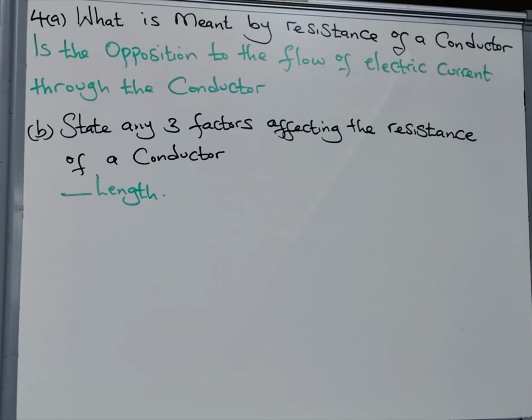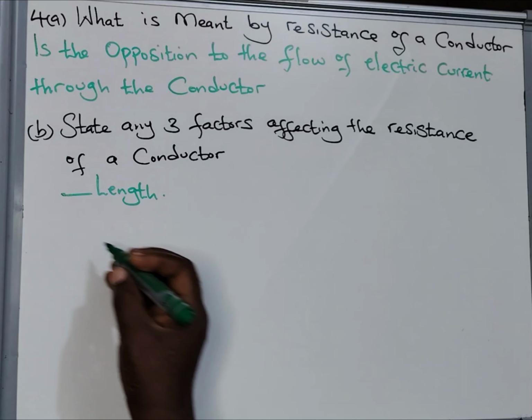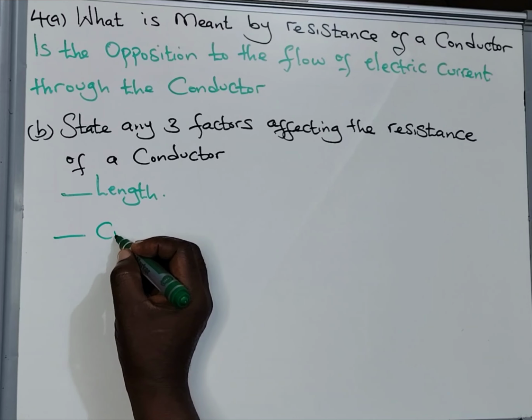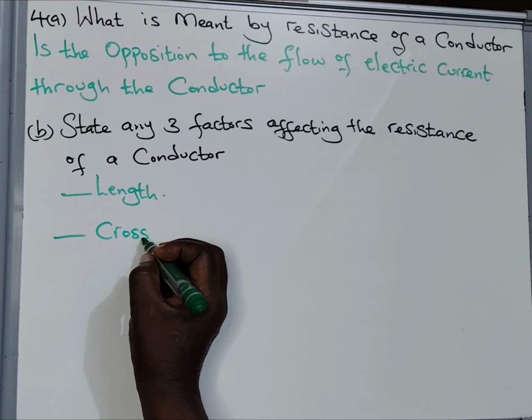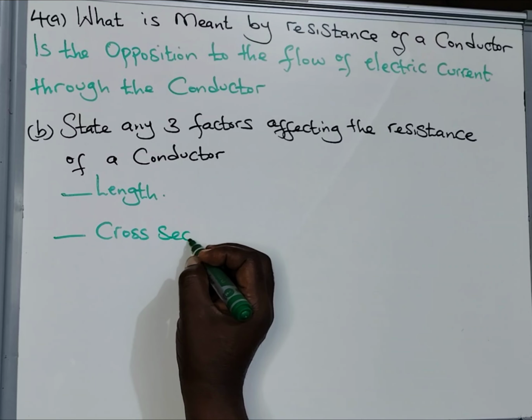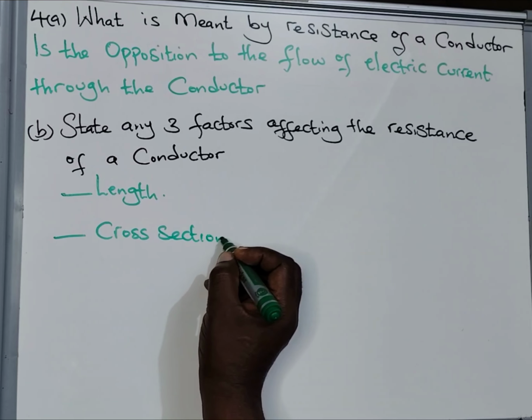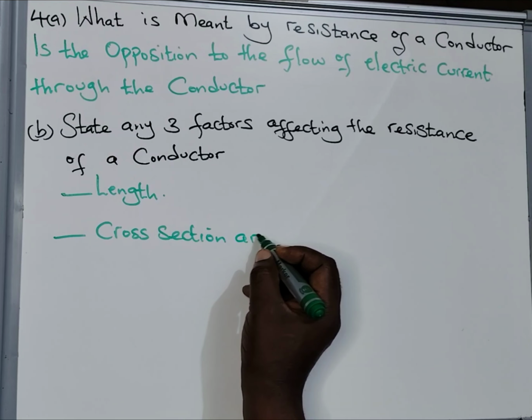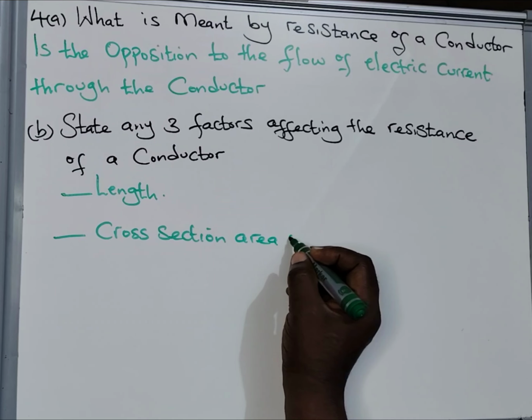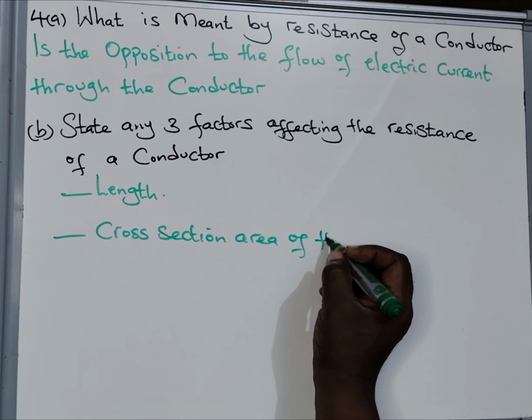We have to know that the longer the conductor, the higher is the resistance. Next one is the cross-section area of the conductor.